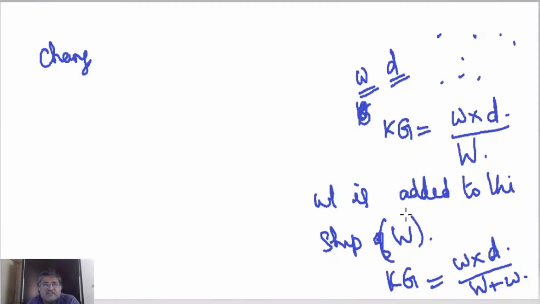In this case, a new weight is added to the ship. In the earlier case, a weight that is already on the ship is moved, which means that small w is contained within the capital W. Whereas in this scenario, the small w is not inside the capital W. So we add a weight w onto the ship, and the total weight becomes capital W plus small w. So you should know this actually.